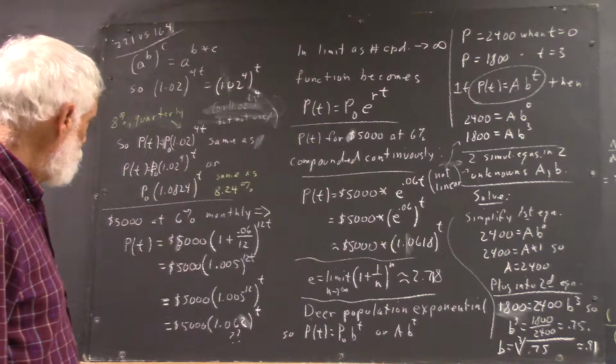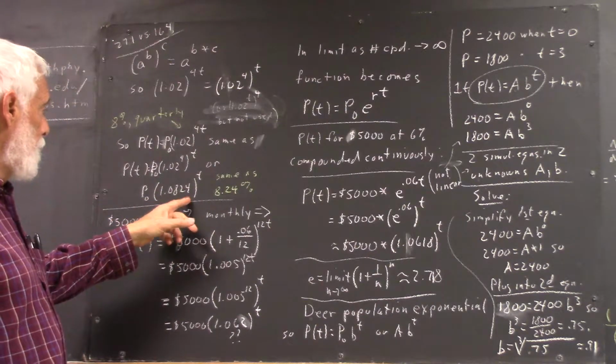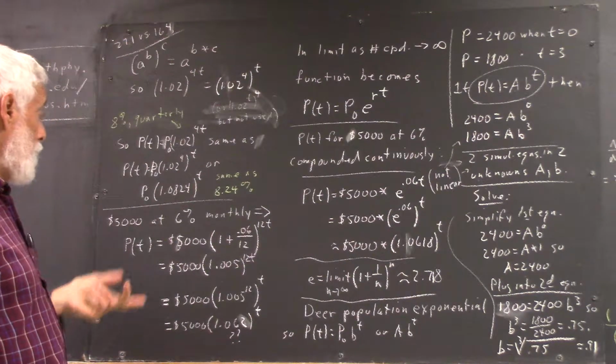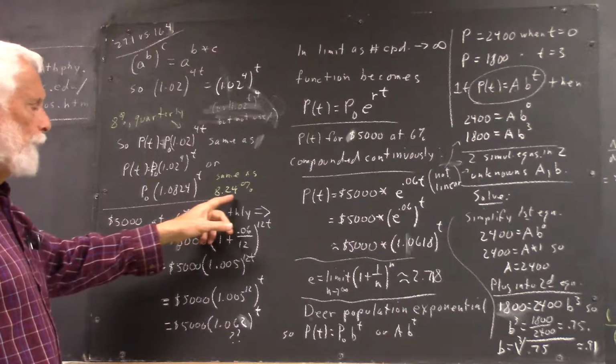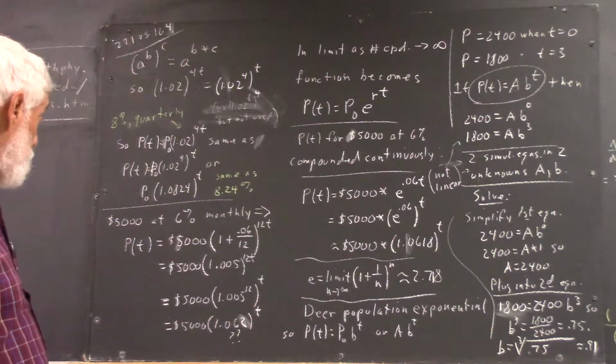There are more significant figures out there, but it's approximately 1.0824 raised to the t, meaning this is what you would get if you had an interest rate of 8.24% and did straight interest without compounding.